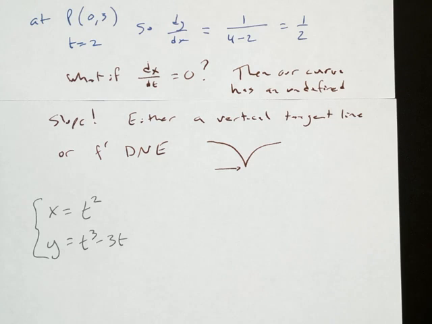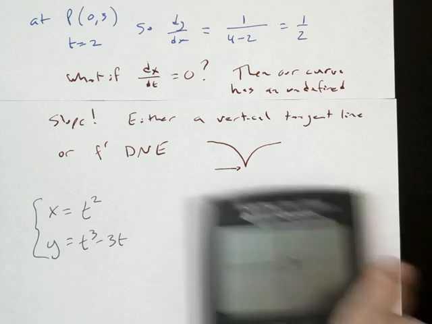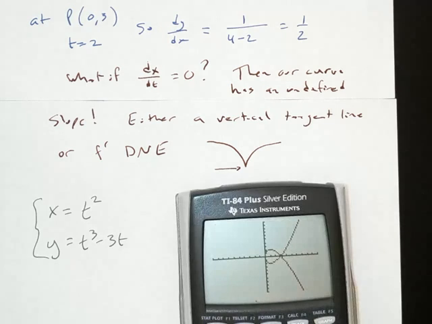I get a loop. Curve crosses over itself because there are two different t-values that give the exact same x and y.